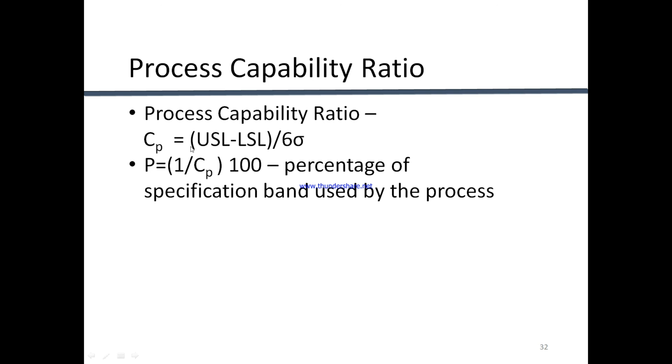So first you calculate the process capability index or ratio, then you take 1 over Cp, and when you take the percentage of that, it gives you the percentage of specification band. Using these measurements we can always measure the stability of a given process.